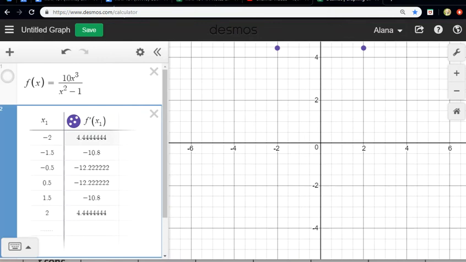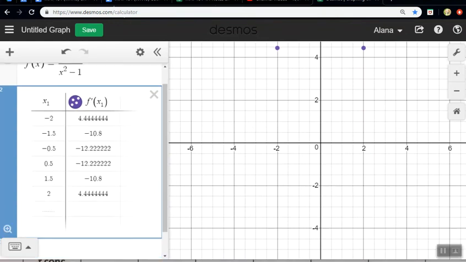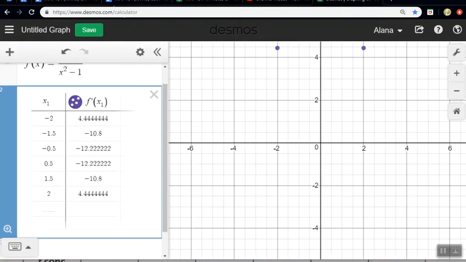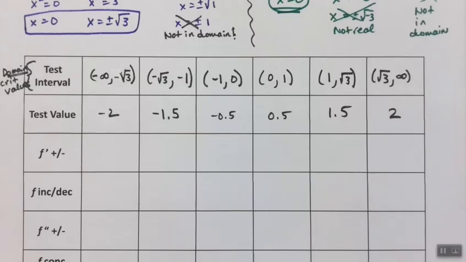And you can make your calculators do this too. It's just a little clunkier on the calculator, I find. Alright, so that gives me my values. If you're wondering where it is on the calculator, it's in the table features, right? So you'd go to y equals, you would type the derivative in y equals, not the function. And then you would go to the table and look for the numbers that we have.